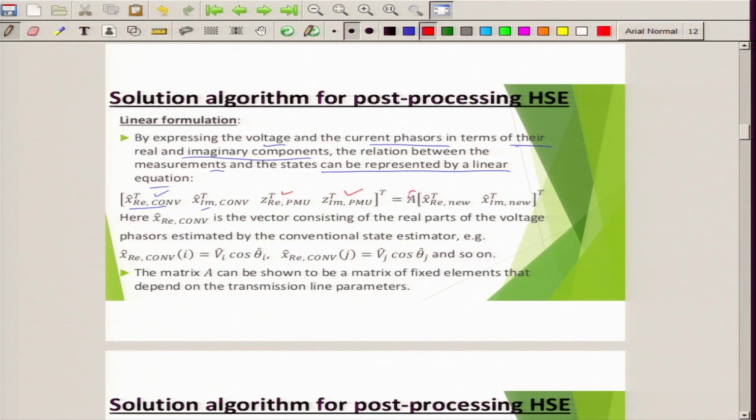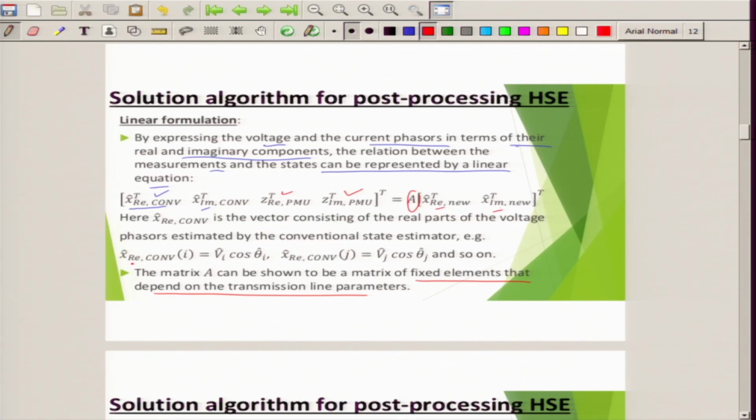This is equal to A, a matrix which has fixed elements that depend on the transmission line parameters, multiplied by the real part of the new or hybrid state estimator values and the imaginary part of the hybrid state estimated values.